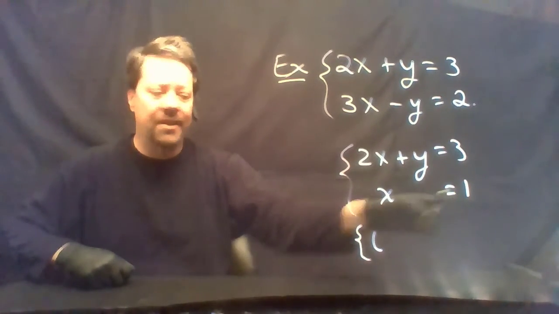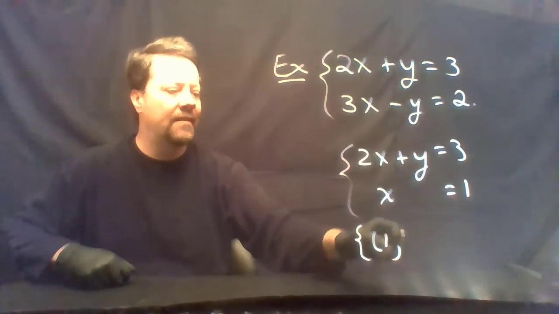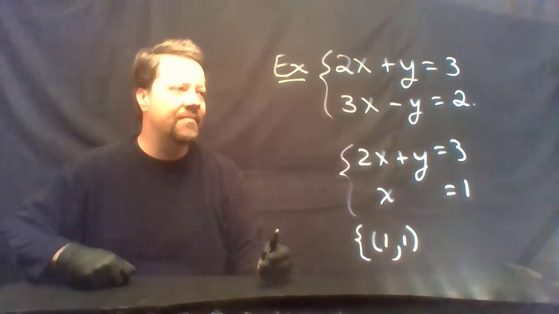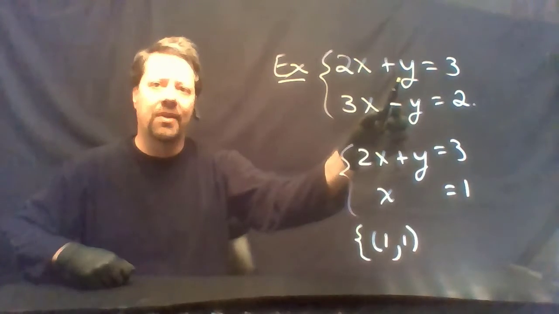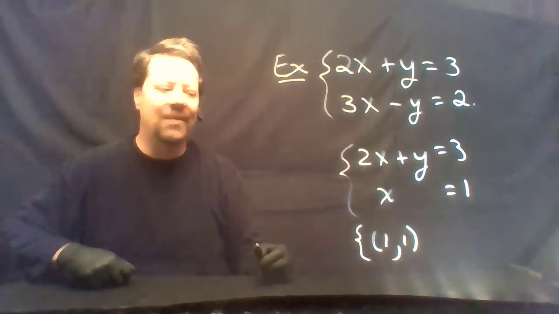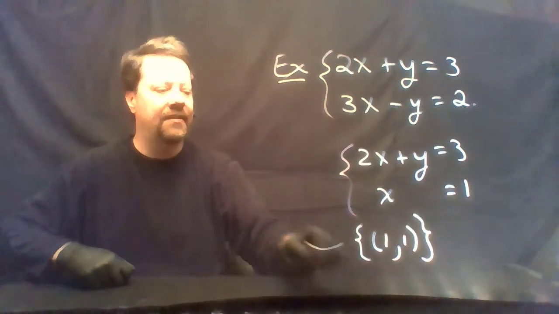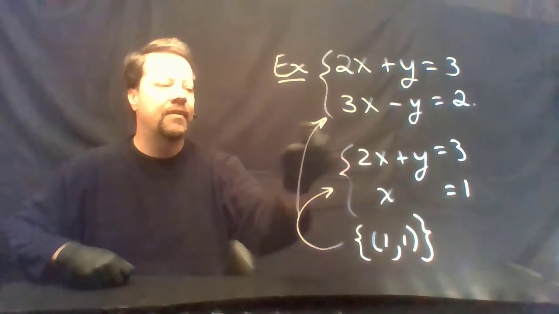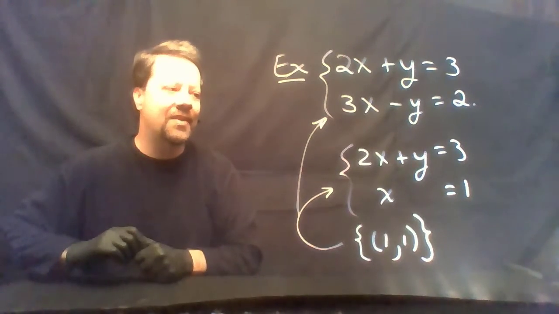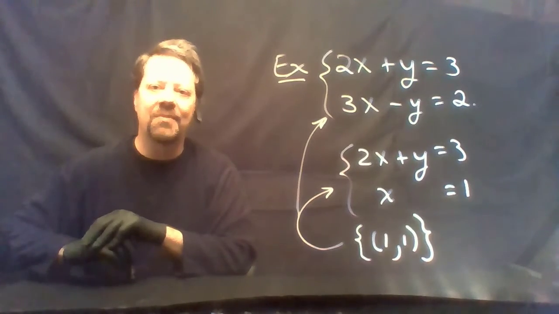To be a solution to the second system, you must have x equals 1. If x is equal to 1, then y must be equal to 1 for the first equation to be true in the second system. (1, 1) also solves the first equation in the first system, and (1, 1) solves the second equation as well. So the set that contains (1, 1) is the solution set to both systems. When two different systems have exactly the same solution set, we say that those systems are equivalent.